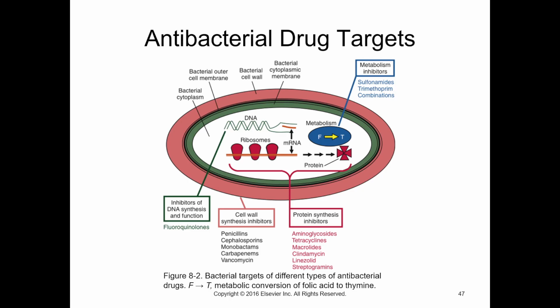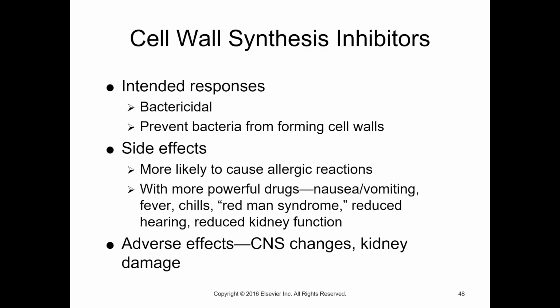You have inhibitors of DNA synthesis and function. These are your fluoroquinolones. We'll talk about those later. And then you have metabolism inhibitors. These basically inhibit the ability of the bacteria to perform certain metabolic activities. Specifically, thinking about things like mitochondrial function. You're targeting the ability to produce energy. No energy means no cellular functions, no division, etc.